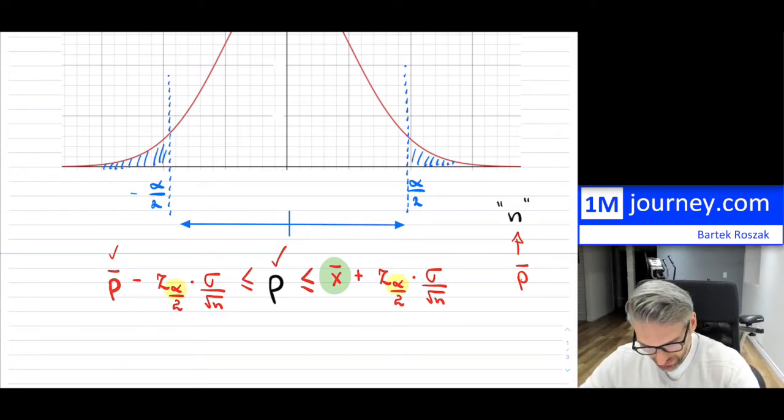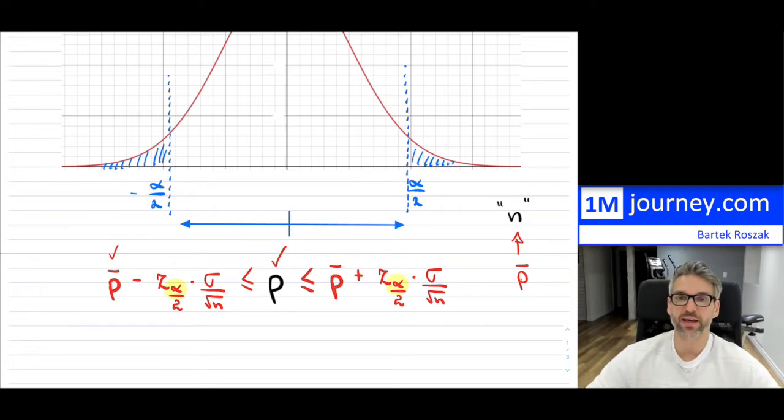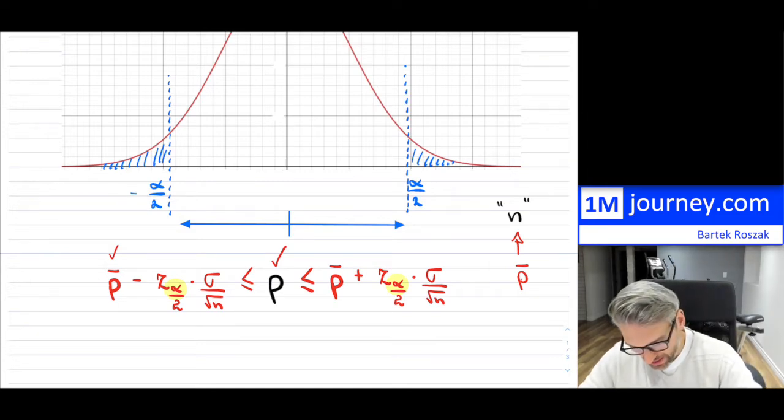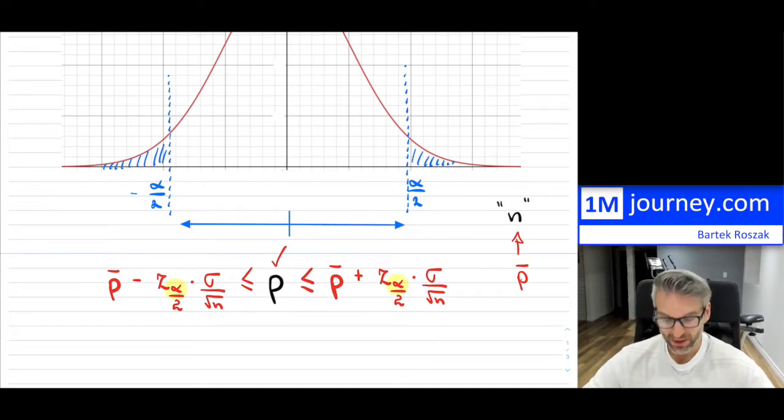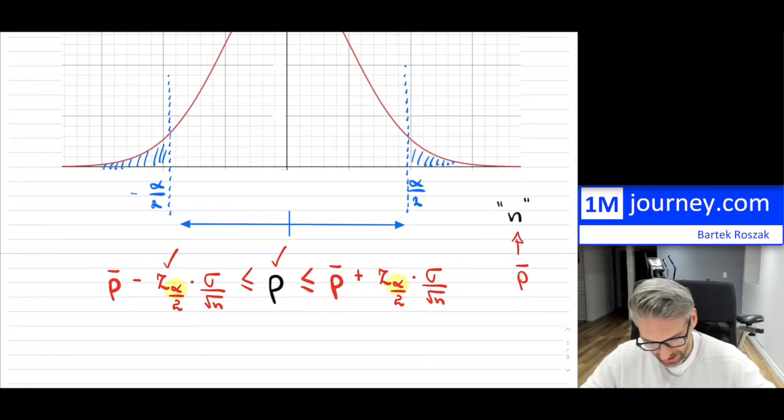And this would be on the left and on the right as well. So now I am trying to approximate my overall proportion, my probability P, by the actual sample with n data points. Now, because I can approximate binomial distributions with normal distributions, I can still hold my z-scores.